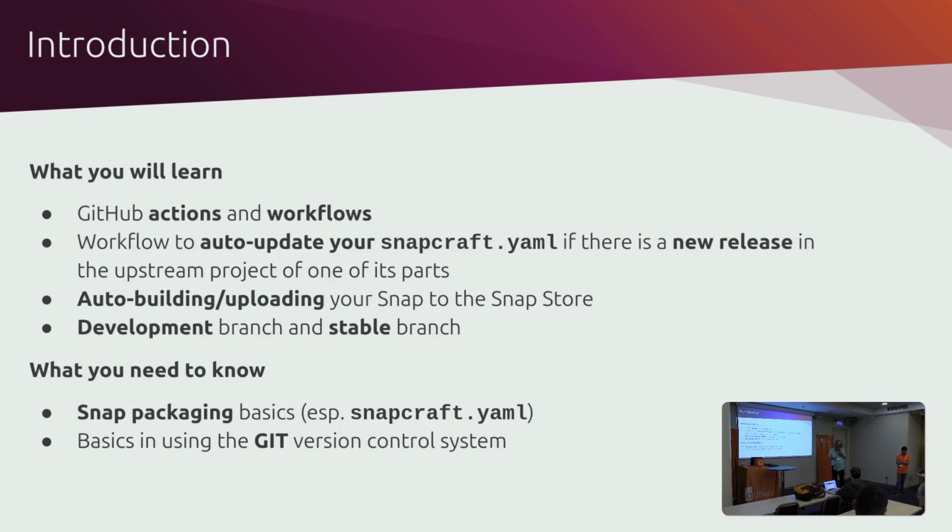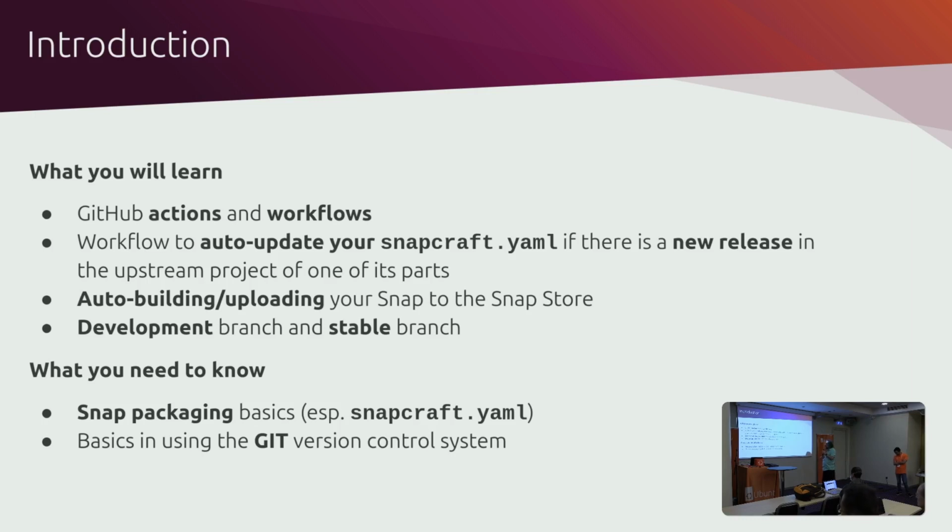In our exercises, we will only let Launchpad build it. We will not go up to the Snap Store to not clutter the Snap Store with exercises. And I will also show how it is possible to do it when you have a development branch and a stable branch.